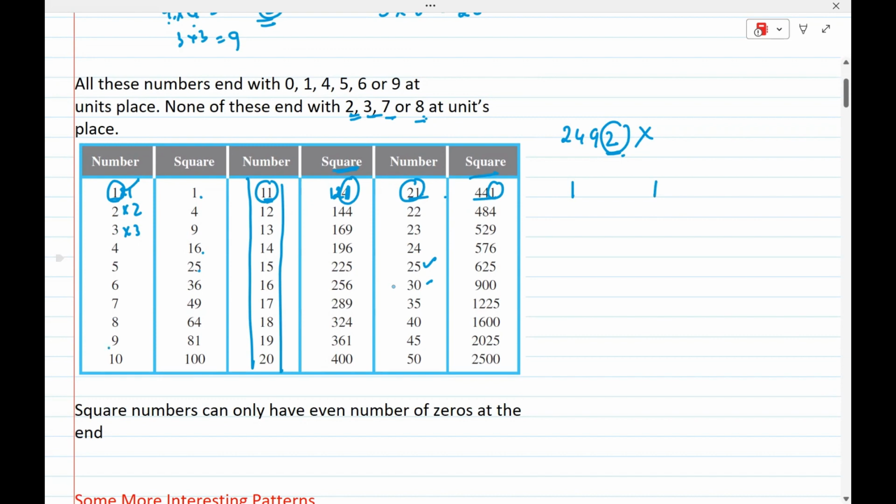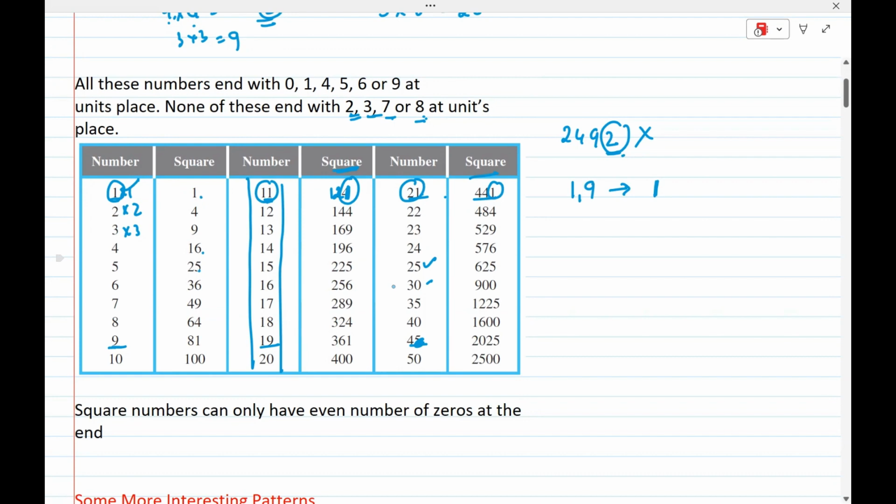Same way, if a number ends with 9, like 9, then 19, any number which ends with 9, its square will end with 1. So if a number has 1 or 9 as its unit place, its square will end with 1.